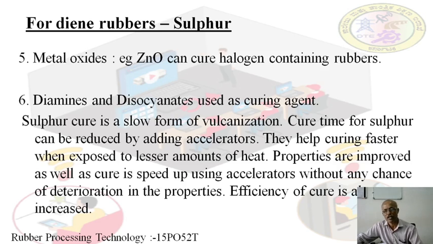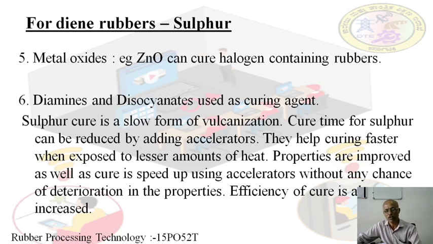Sulfur cure is a slow form of vulcanization. Cure time for sulfur can be reduced by adding accelerators. They help curing faster when exposed to lesser amounts of heat. Properties are improved as well as cure is sped up using accelerators, without any chance of deterioration in the properties.